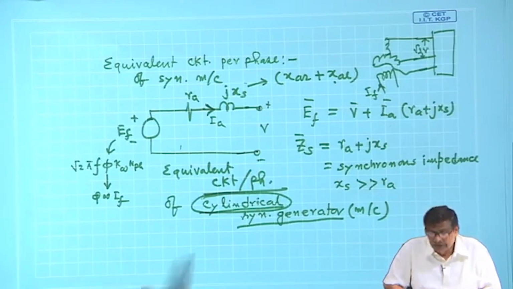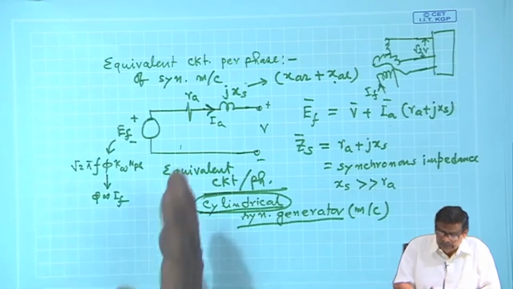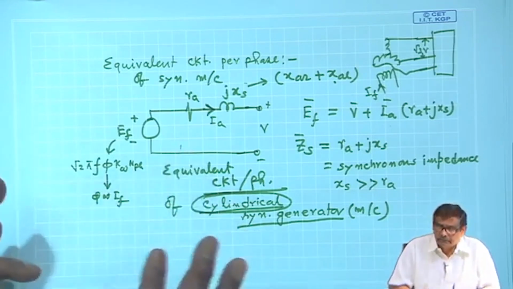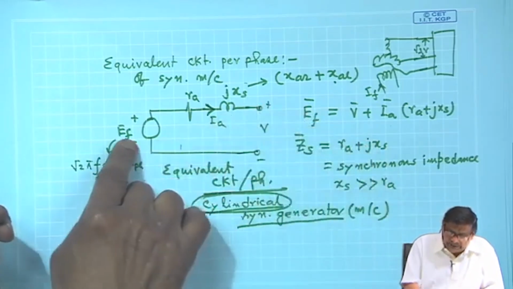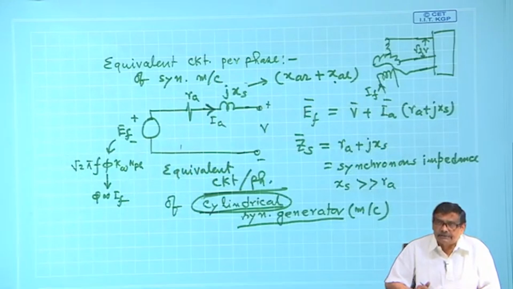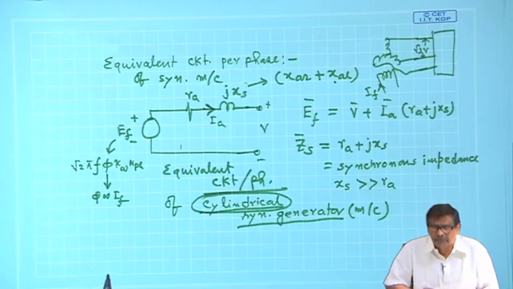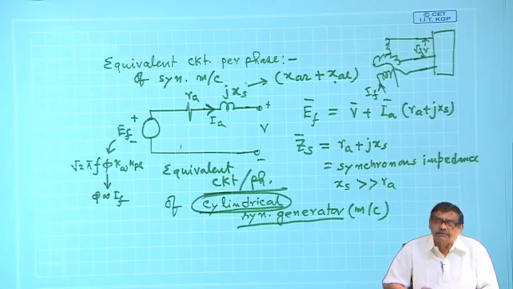Now, we are going to do one of the most important things. One good thing about the synchronous machine is that the equivalent circuit is very simple to handle per phase. Only thing, between the terminal of the machine and this excitation voltage, there appears a series impedance of R A plus J X S, of which X S is much larger compared to R A. Sometimes people even neglect R A to get results quickly, and the computations become easier.